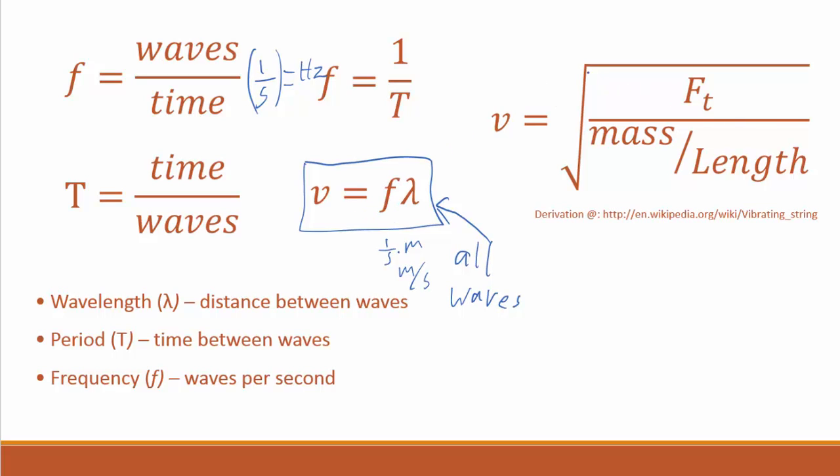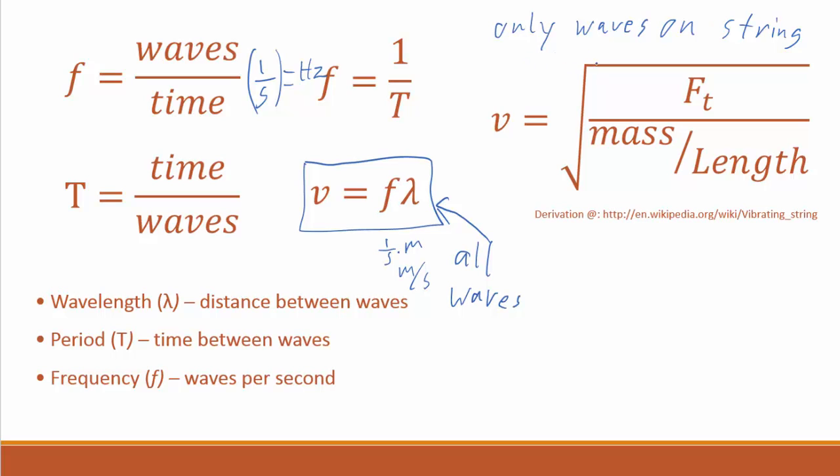This equation over here, we can use to find the speed of a wave on a string. This only applies to waves on a string. It doesn't apply to sound waves or something like that.